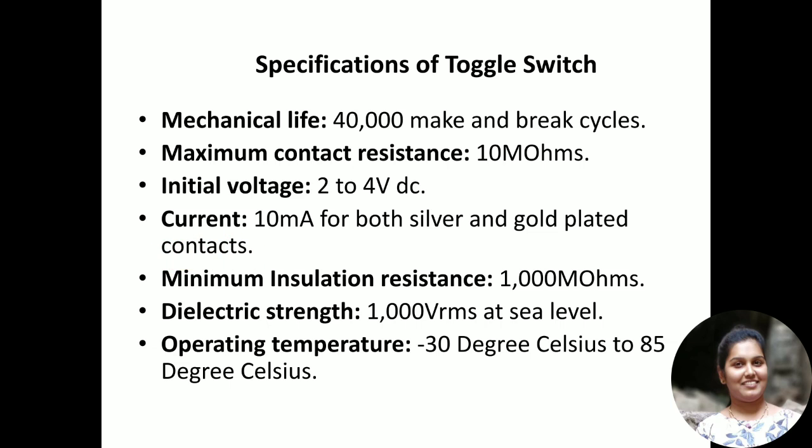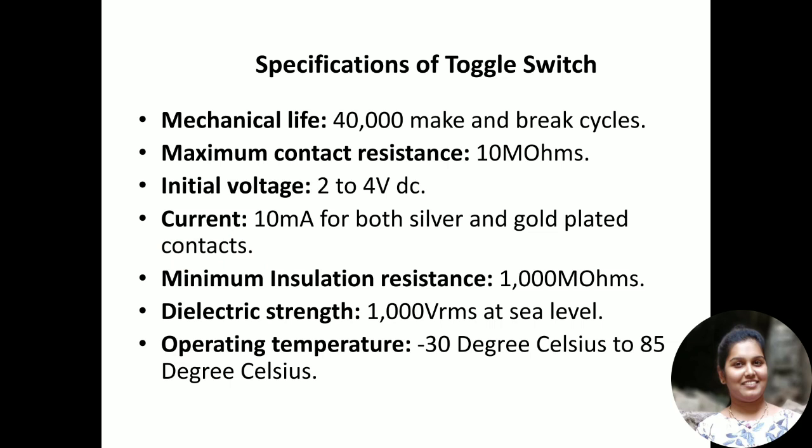And coming to the current, 10 milliamperes for both silver and gold plated contacts. The other point to be noted is that a toggle switch can be made of either silver or gold plated contacts, making it a bit costlier when compared to normal rocker kind of switches.